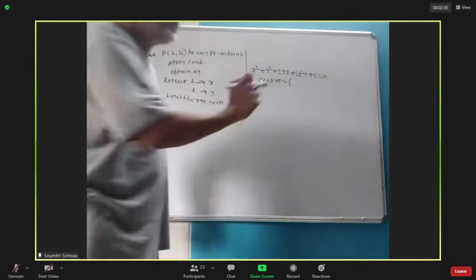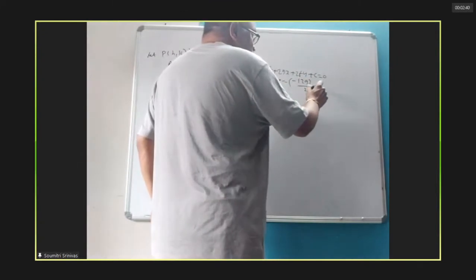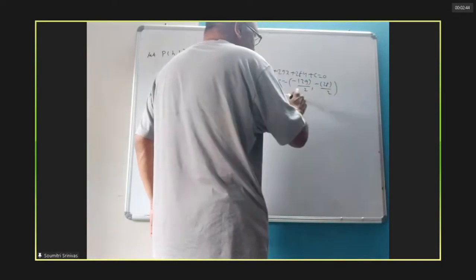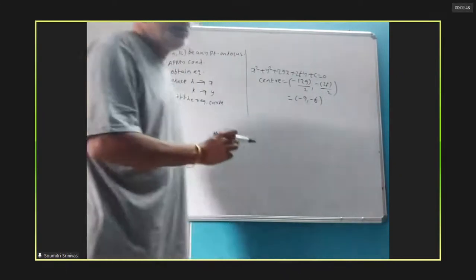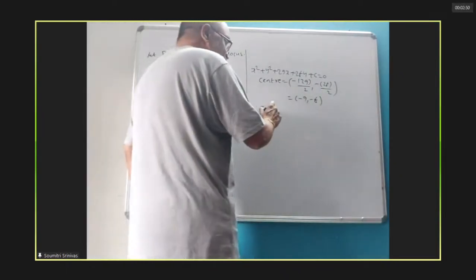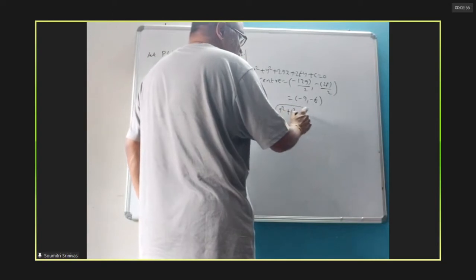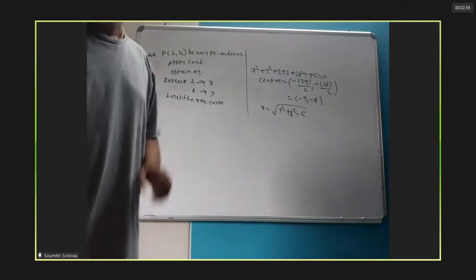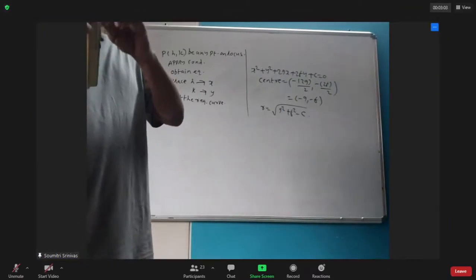The x coefficient is 2g, divided by 2. The y coefficient is 2f, divided by 2. You will obtain (-g, -f). What was the radius? Radius was root over g squared plus f squared minus c. I think this is where we stopped yesterday. Am I correct? Yes, sir.